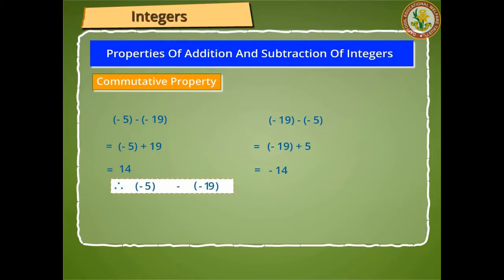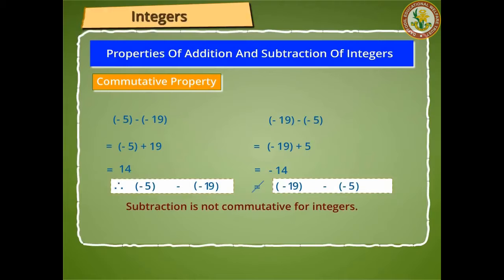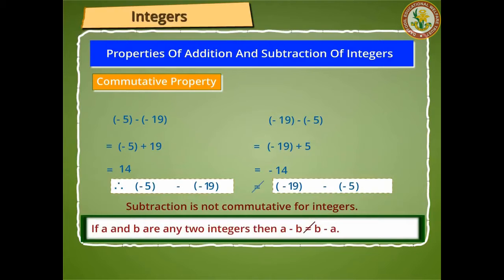Therefore, minus 5 minus minus 19 is not equal to minus 19 minus minus 5. Thus, subtraction is not commutative for integers. Hence, if a and b are any two integers, then a minus b is not equal to b minus a.